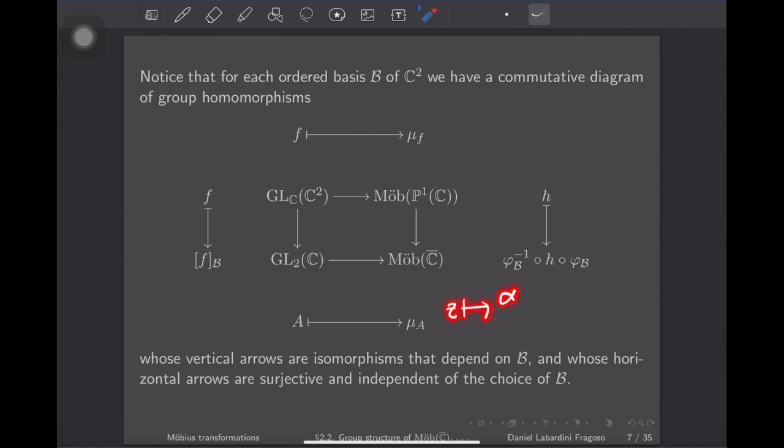We actually did the computation. So, okay.